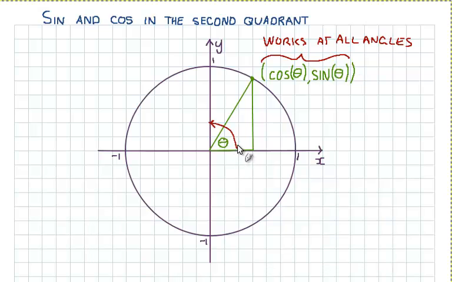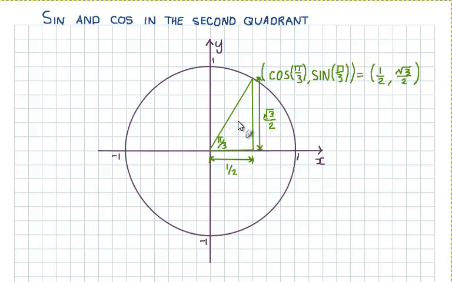That means it doesn't just work in this region here where the angle is between 0 and a right angle. It works into this second quadrant, and it works through into the third and fourth quadrants, and we can also turn around multiple times, and this point here, cosine theta, sine theta, will still be true.